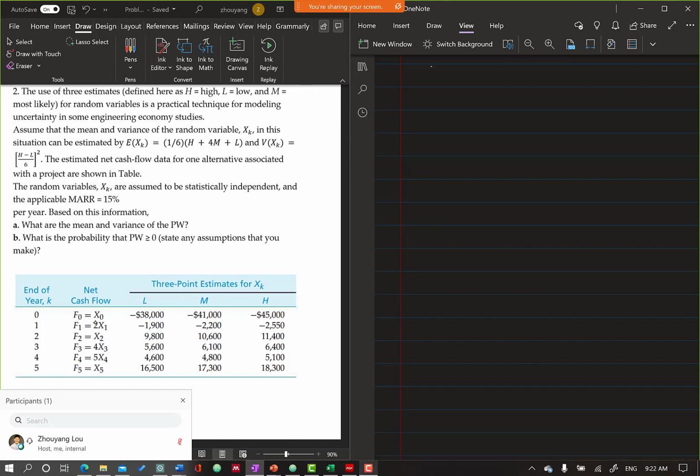Now let's go through this problem in detail as an example to show the spirit of using the above rules.